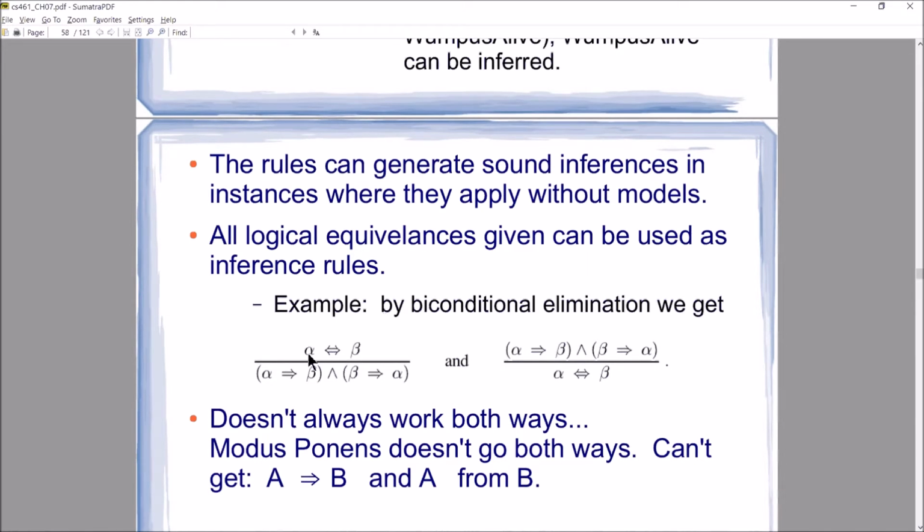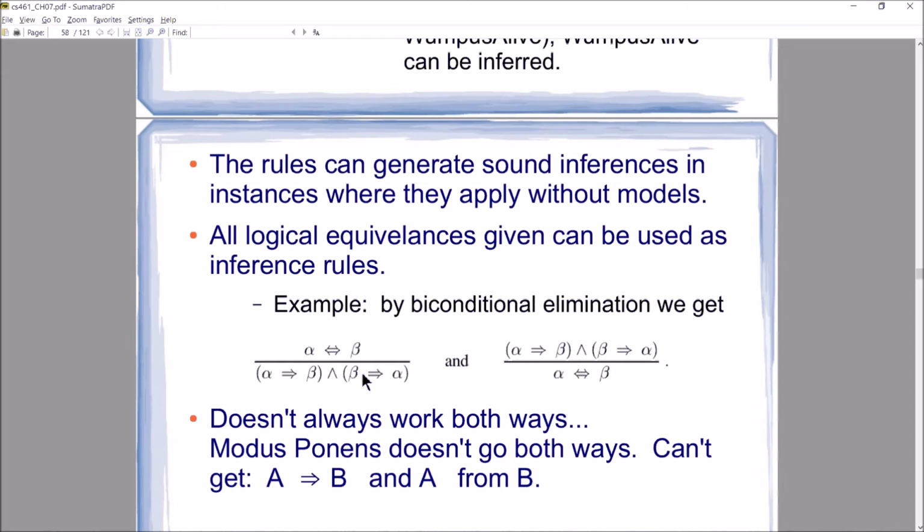So let's take a look at these two examples right here. One of the equivalences in that table was biconditional elimination. So if you're given alpha if and only if beta, then that's logically equivalent to alpha implies beta and beta implies alpha.